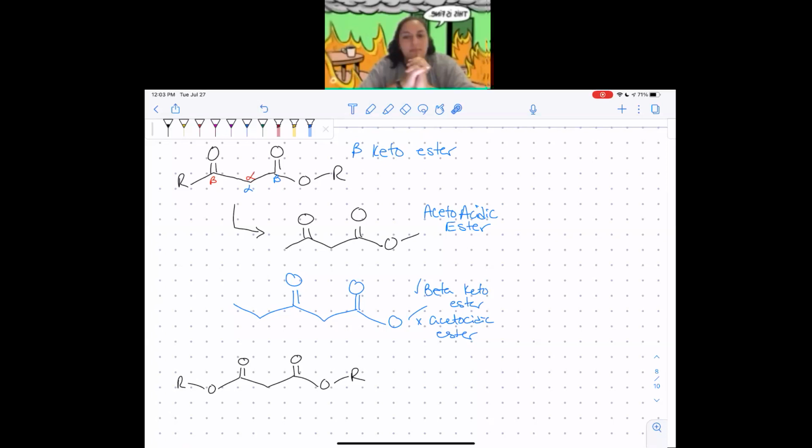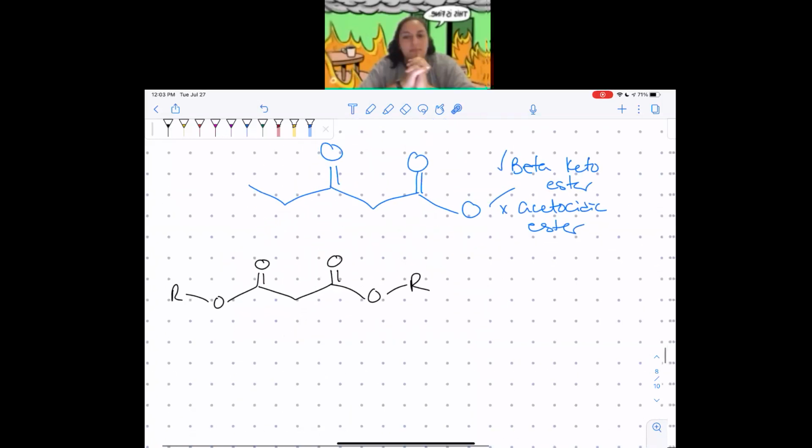Okay, so on the same idea, we have something called a malonic ester. So a malonic ester, do you guys see what I'm writing out? Yeah, okay, cool.